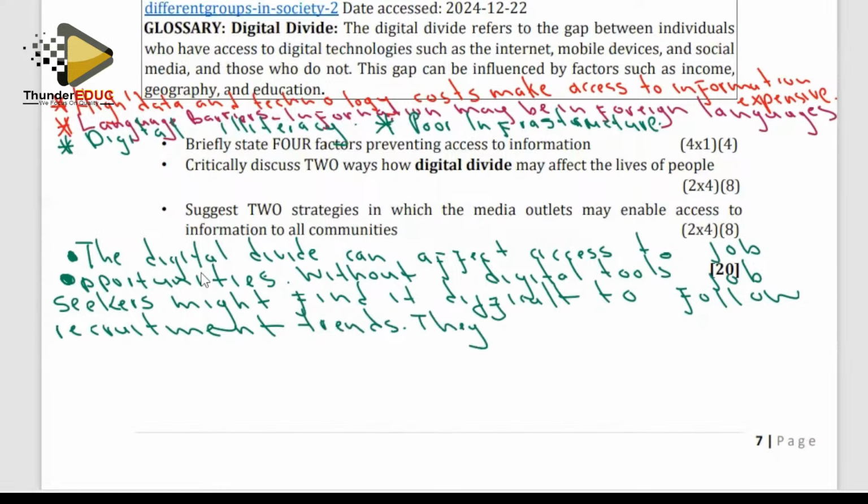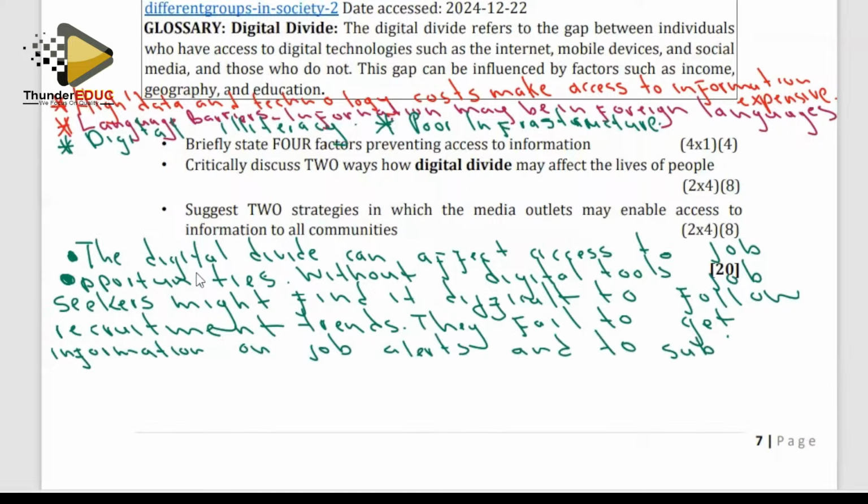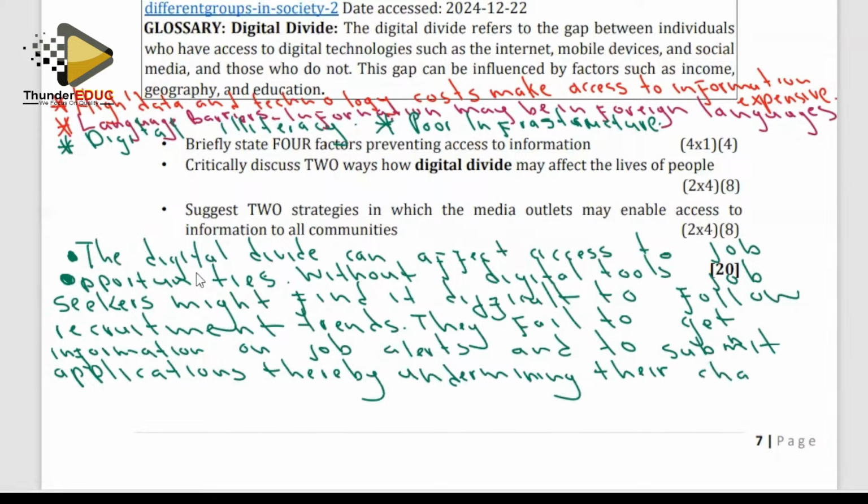They fail to get information on job alerts and to submit applications, thereby undermining their chances of getting employed. So that is the first factor. It affects employment opportunities. So that is the first challenge.